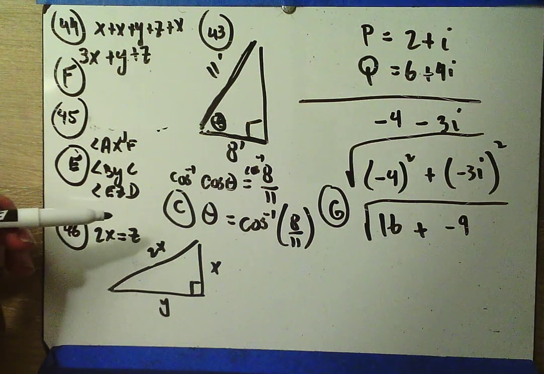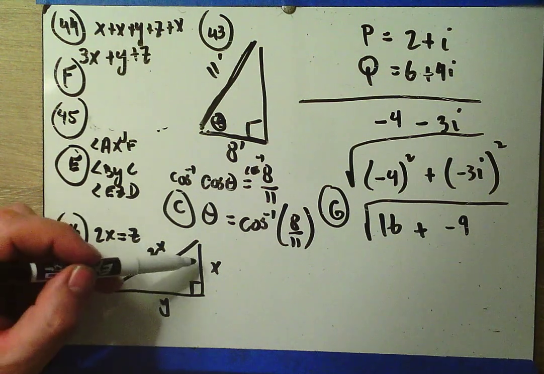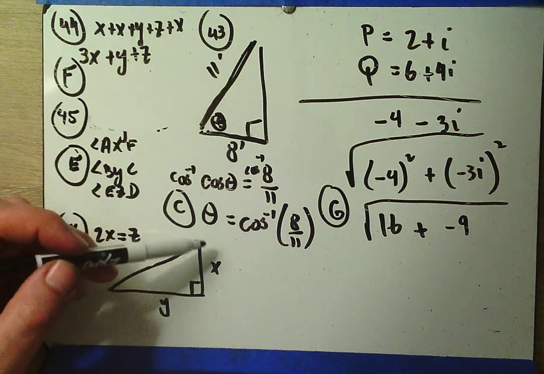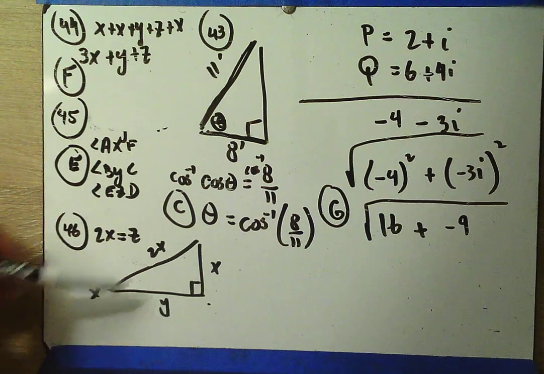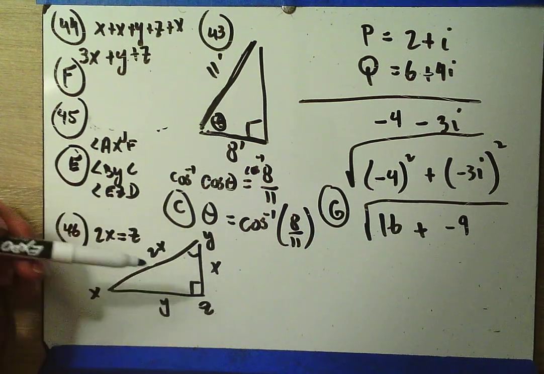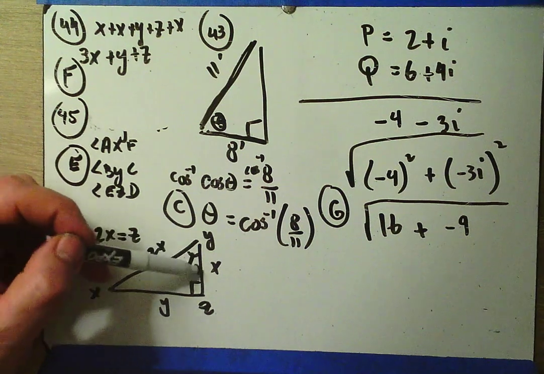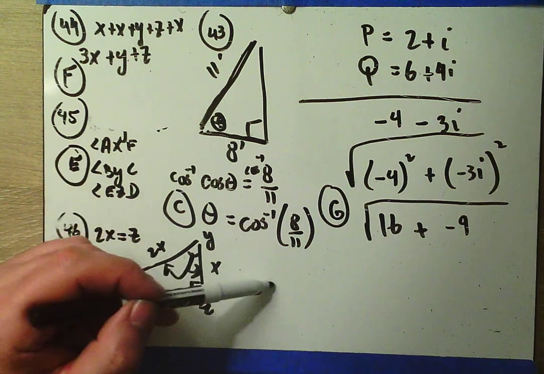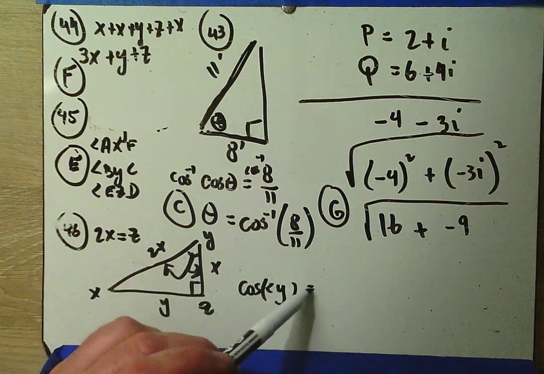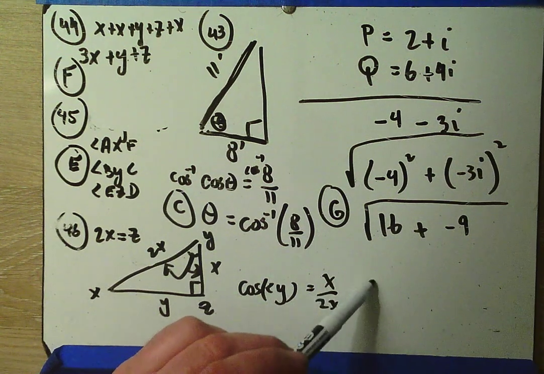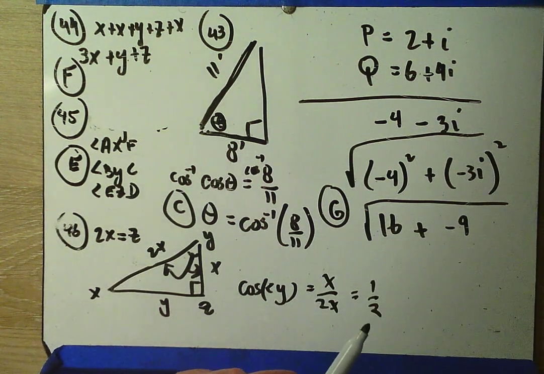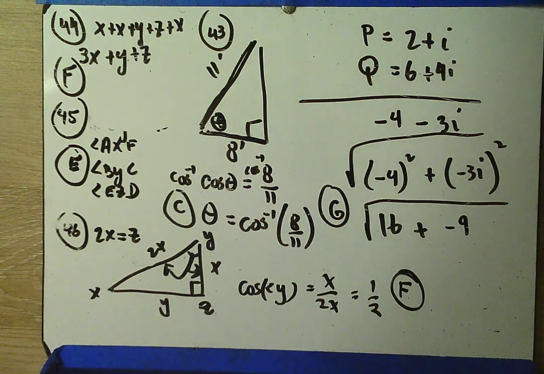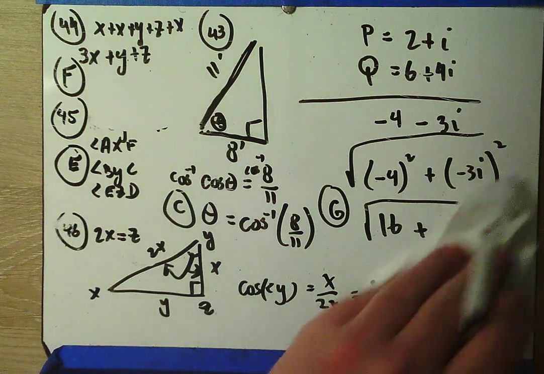They'd like to know the cosine of this angle, cosine of XYZ. So the cosine of this angle is going to be the adjacent side over the hypotenuse. Cosine of angle Y is going to be x over 2x, or 1/2. That's the value of the cosine, 1/2. So that's F. F for number 46.